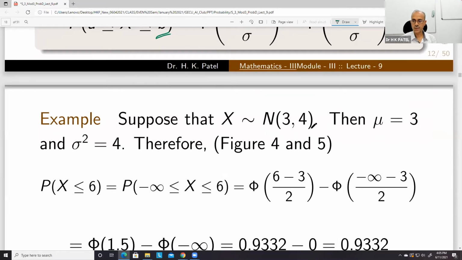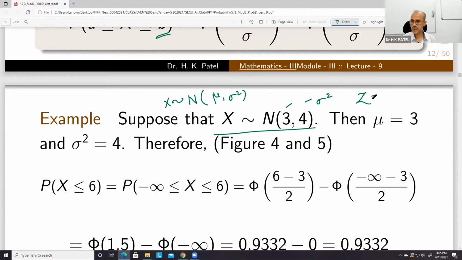So for example, if X is a normal distribution having mean 3 and variance 4, okay, this is sigma x square, keep in mind. Our structure is N(mu, sigma square), but Z is N(0, 1).